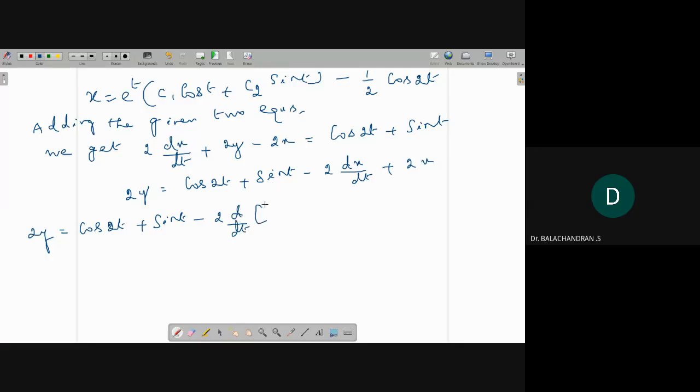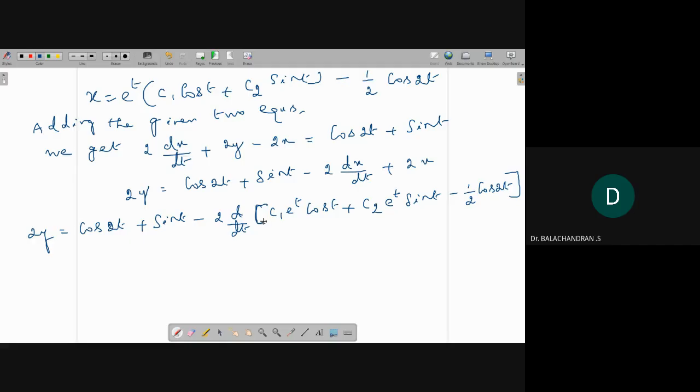X is c1 into e power t into cos t plus c2 into e power t into sin t minus 1 by 2 cos 2t, and then close the bracket.